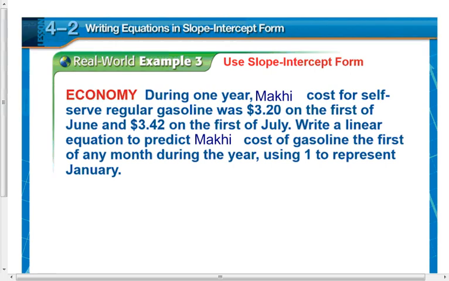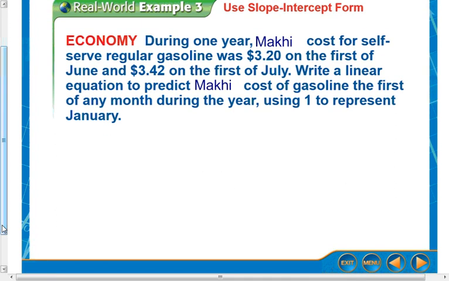All right, real world example number 3. During 1 year, Mackay, his cost for self-serve regular gasoline was $3.20 on the 1st of June and $3.42 on the 1st of July. Write a linear equation to predict Mackay's cost of gasoline the first of any month during the year, using 1 to represent January.